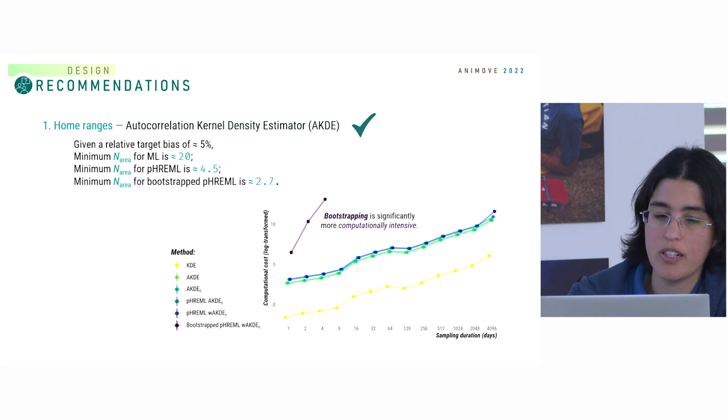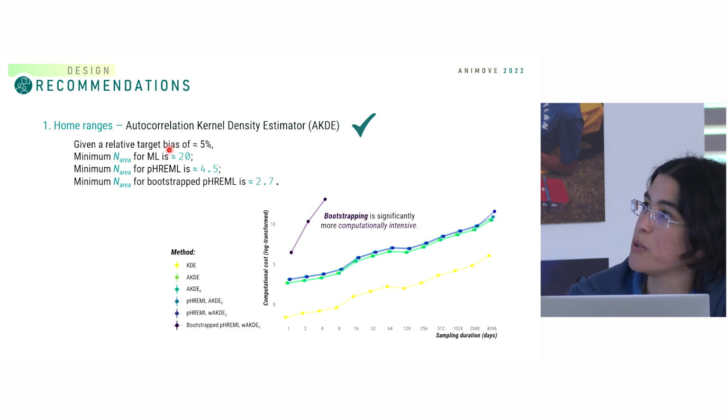So typically for the autocorrelated kernel density estimator, if we want to achieve a relative bias of at least 5%, if we're using the maximum likelihood, we want a minimum of 20 for the effective sample size.